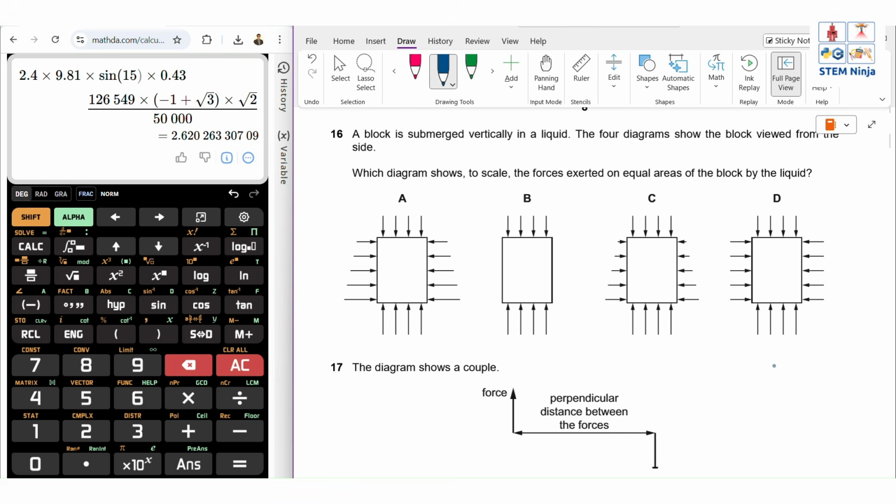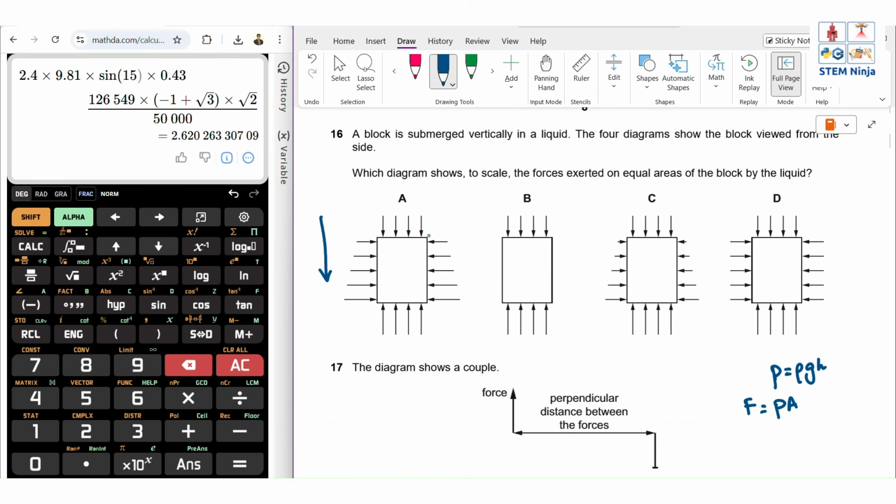So we know that the pressure rho gh increases with depth. So that means as the depth increases, the pressure will increase, which would mean that pressure times by area, which is force will also increase.